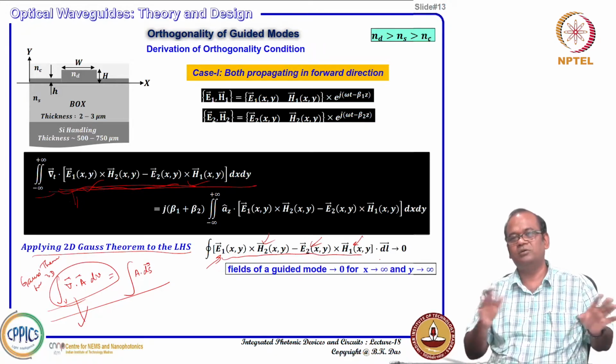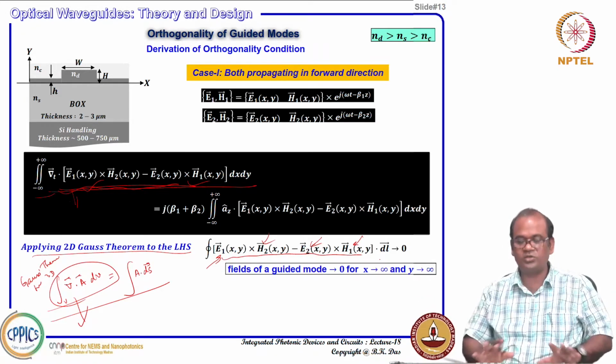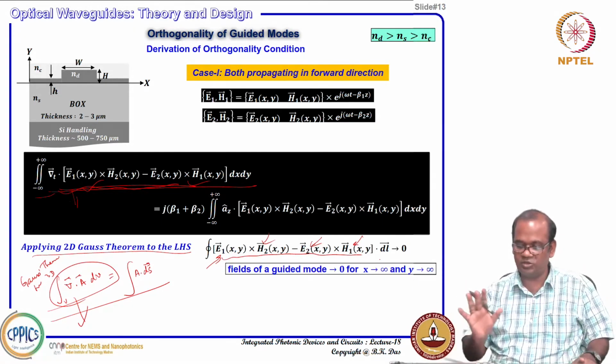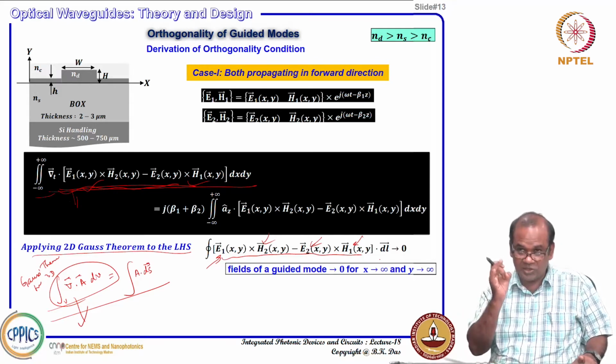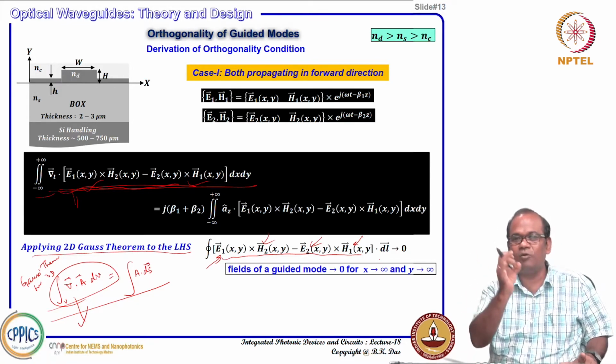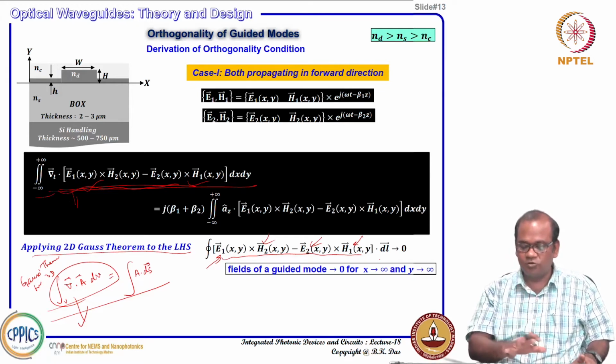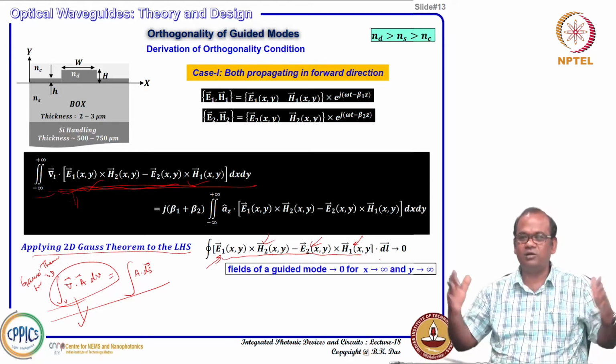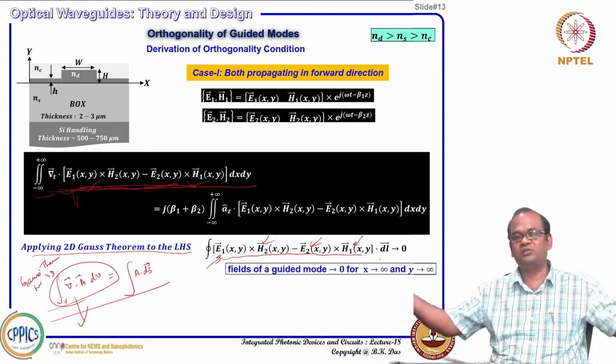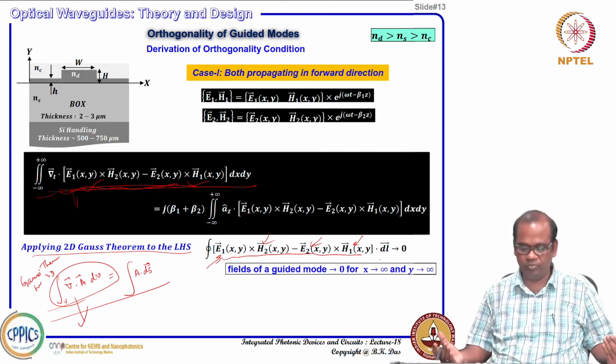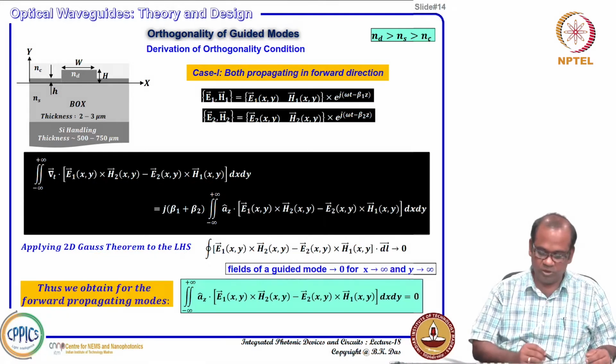This holds for a large cross-section. But if you concentrate on a cross-section smaller than the waveguide mode size, that is not correct. So the integration should extend over a large cross-sectional area. Okay, now let's move on.